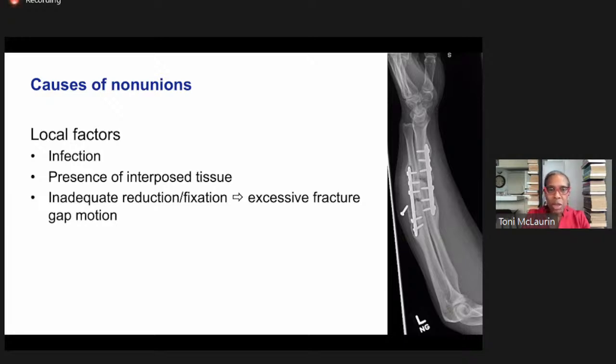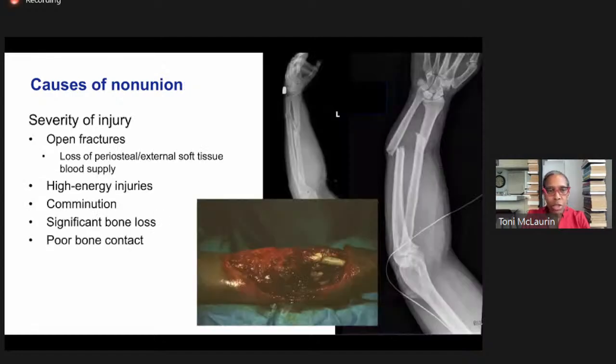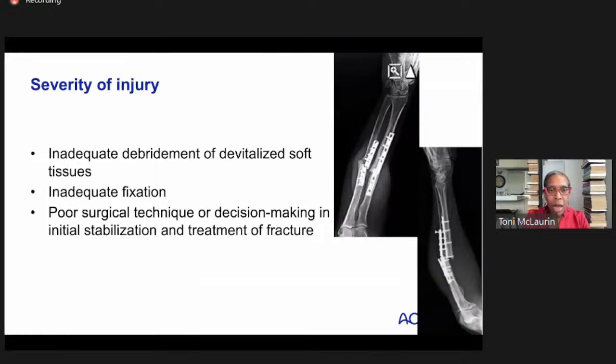But we can do things about inadequate reduction or fixation, which results in excessive fracture gap motion. Again, we can't control open fractures, high energy injuries, comminution, bone loss, or poor bone contact, but all of those go under the severity of injury and can certainly affect what is going to happen.